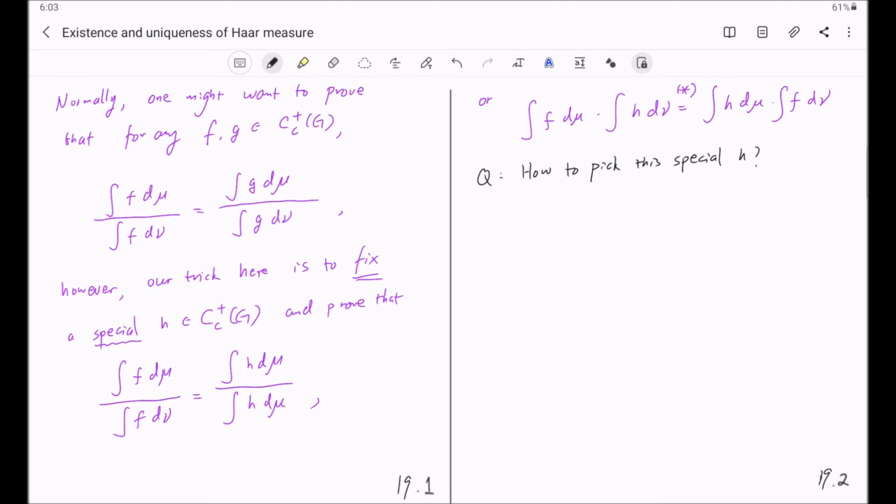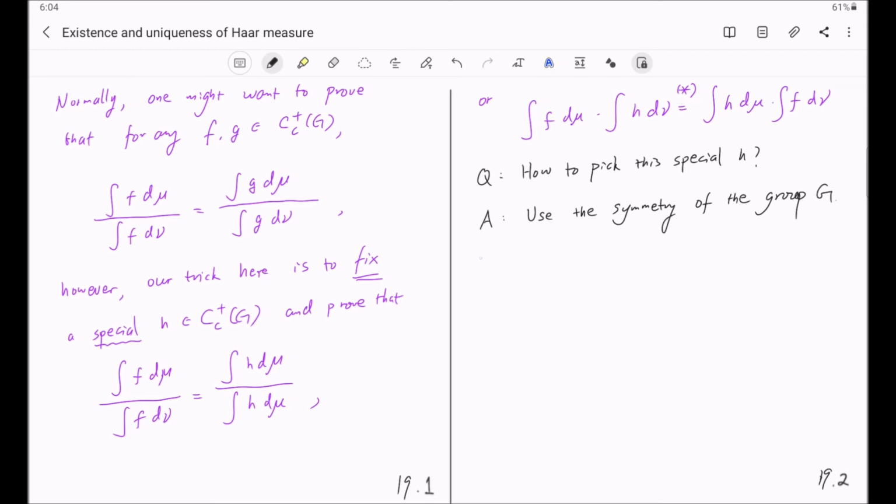An intuitive idea is to use the symmetry of the group G. Of course, in some steps of the proof, we have to use the fact that G is a group. We have to use the symmetry in it. So the group structure is important here. We have to take advantage of it. But how?